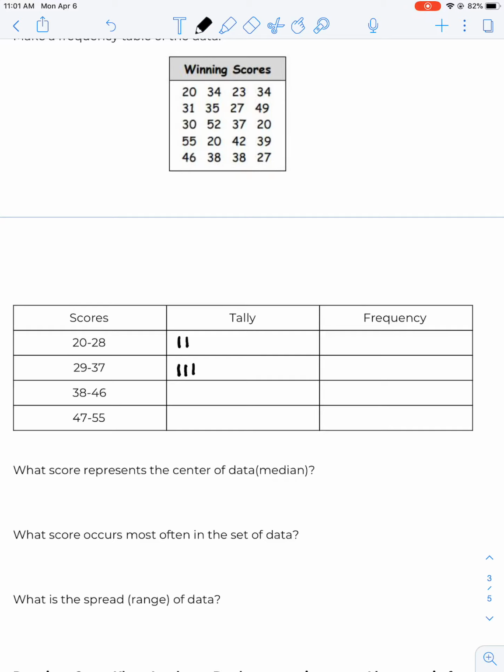31, 35, 27, 49, 30, and once you hit 5, you always make a cross so that they're in sections of 5.